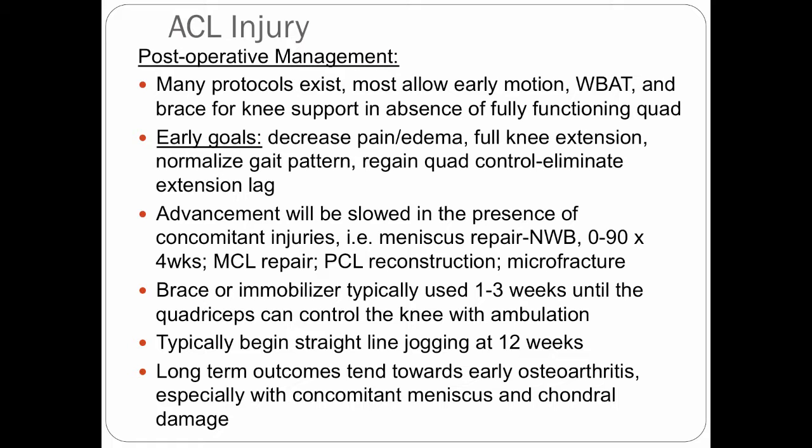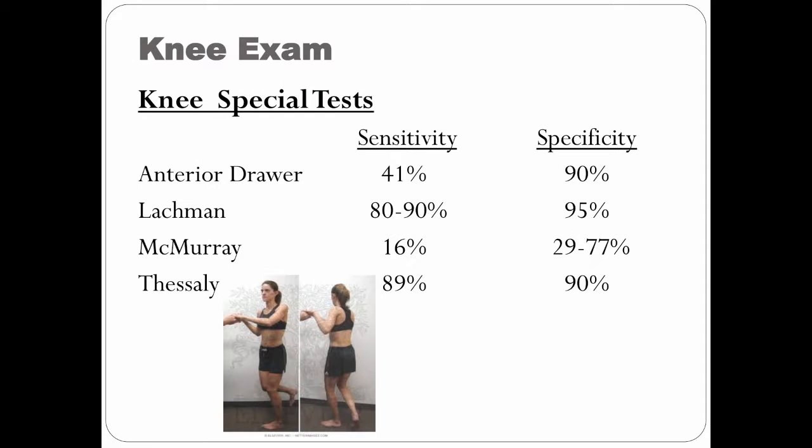You think of the potential damage to the chondral surfaces with such a violent injury, and you typically will have a bone bruise on your MRI, and you have to expect that the chondral surface is damaged there as well. So I think somewhere around 60% will end up with early osteoarthritis with this.